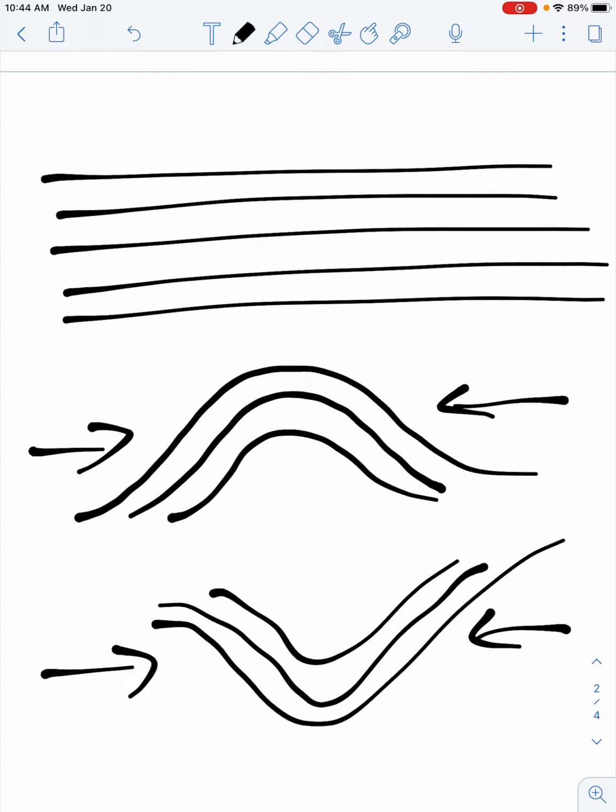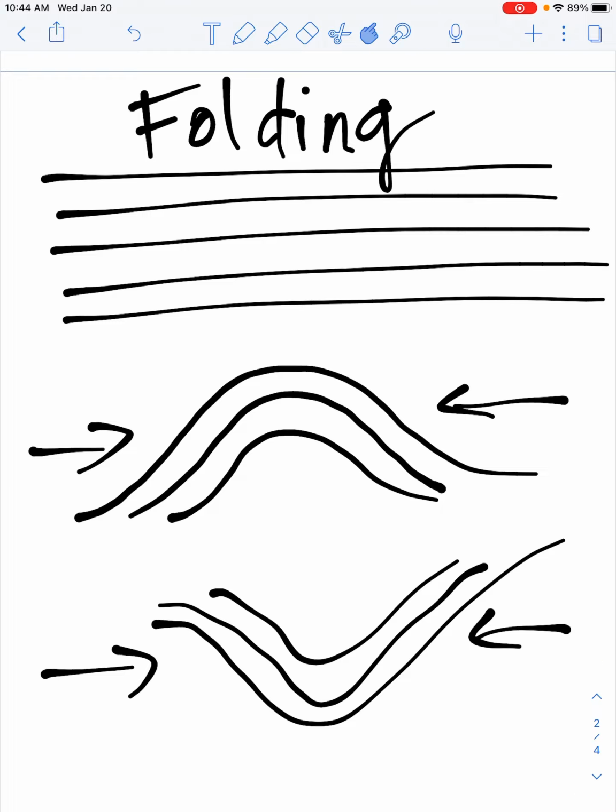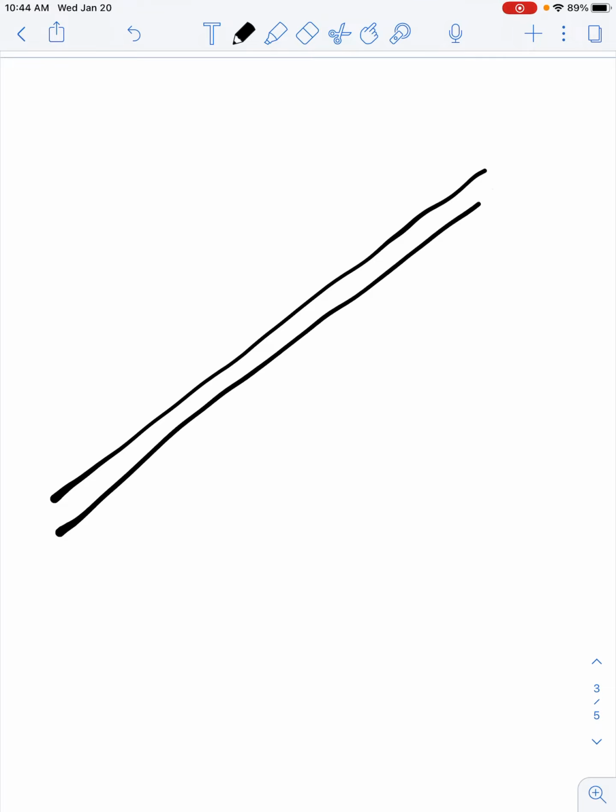So remember your anticlines and synclines. Folding is another way that rock layers can be disturbed. And then finally, folding, faulting, intrusion, and then sometimes the rock layers get pushed up on one side. It's really kind of a cool feature.